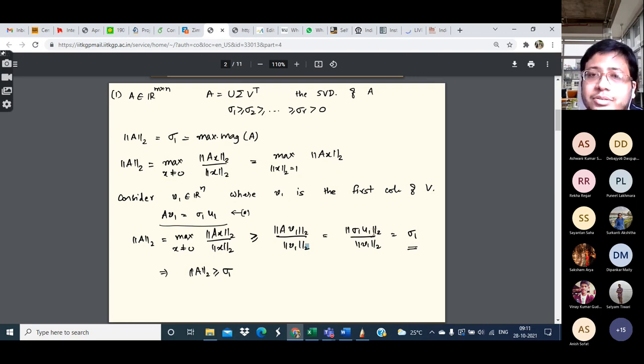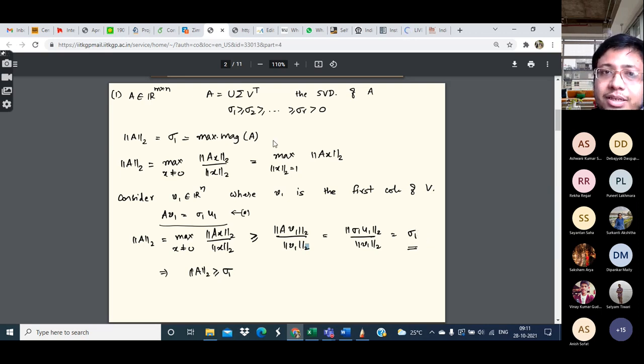But what is the L2 norm of sigma 1 U1? We know that U1 is again a unitary vector, and sigma 1 is some constant number. So I can bring sigma 1 out as common, and I am left with just the L2 norm of U1, which is nothing but 1, because just like V1 is a unitary vector, similarly U1 is also a unitary vector. So we are left with sigma 1.